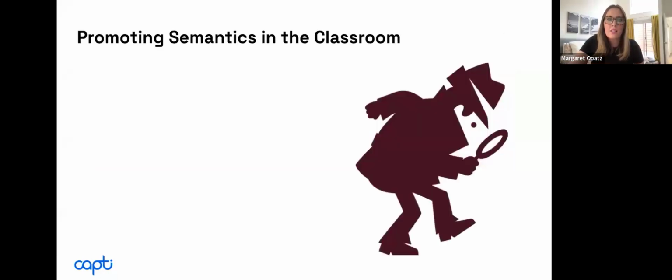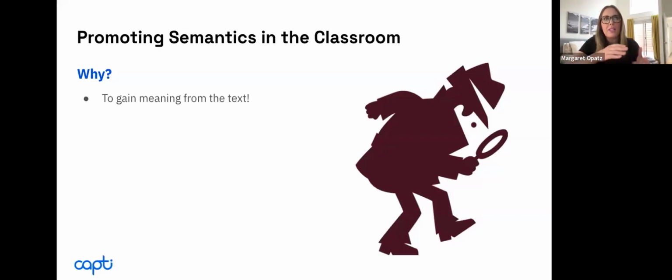Then the next step would be to promote semantics in the classroom. And I have this detective on the screen because when we think about semantics, why do we want to teach semantics? It's really so that students can gain meaning from the text. It's closely related to comprehension, but I want to break it down even more. Comprehension so often is thought of as that text level, like the whole text comprehension.